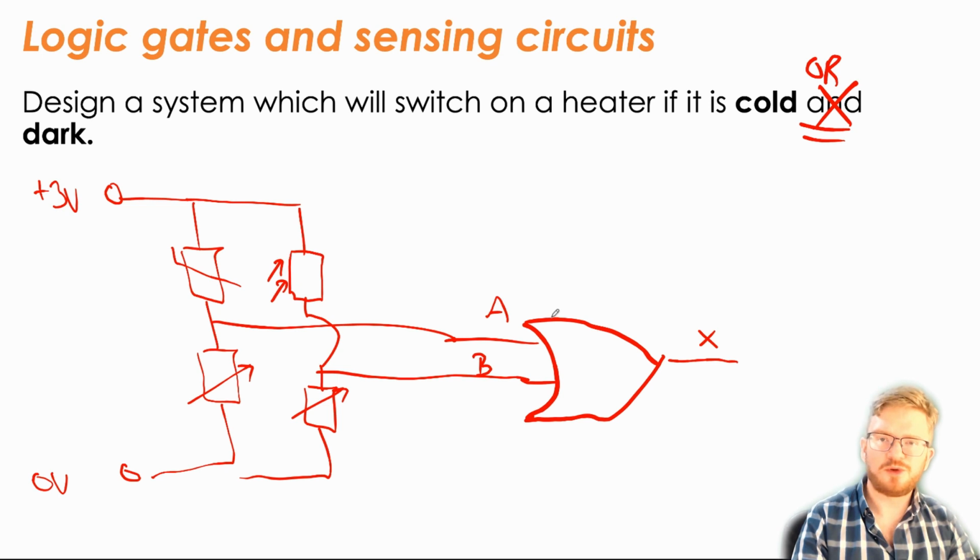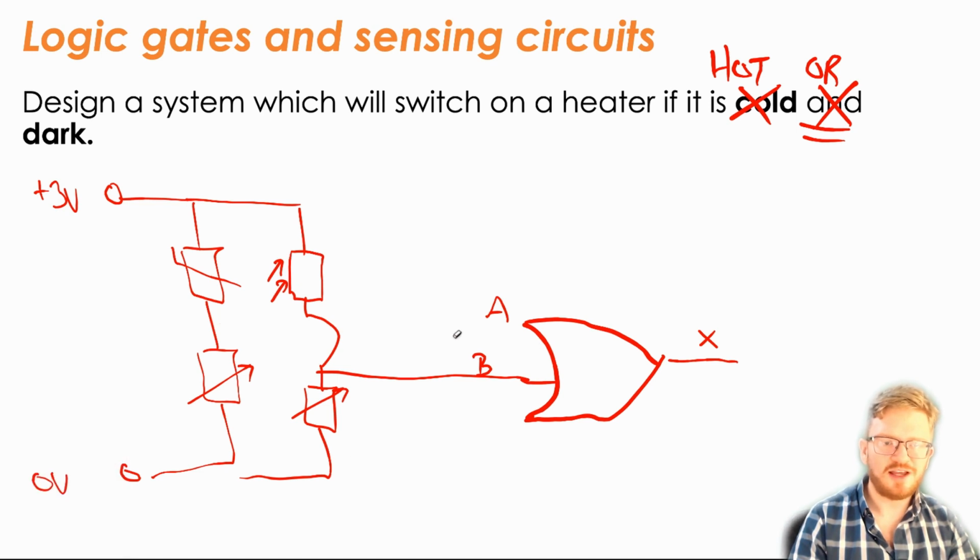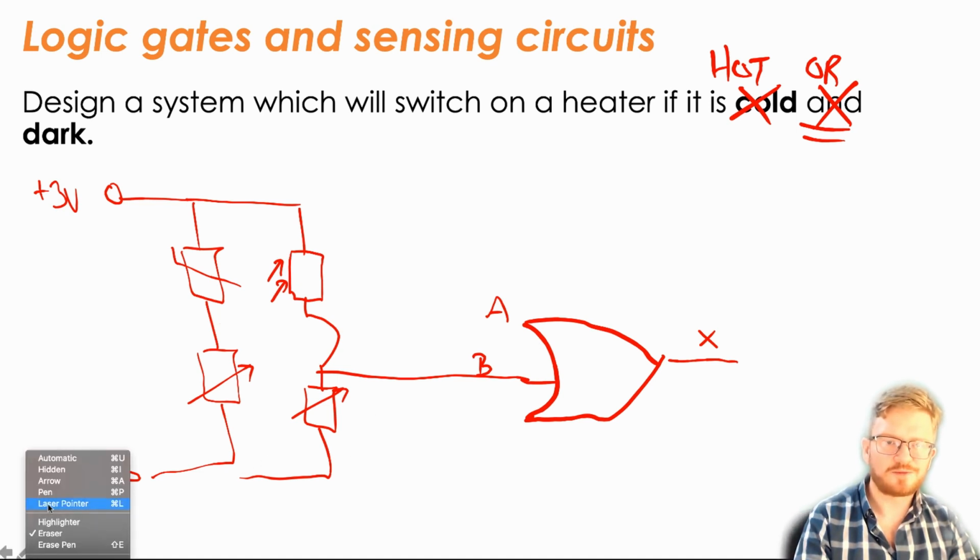What about if I wanted to change it to when it's hot or dark? Well, at the moment, this one will give me true when the thermistor is cold, but the clever thing I can do is, along this input, I can add a logic gate.